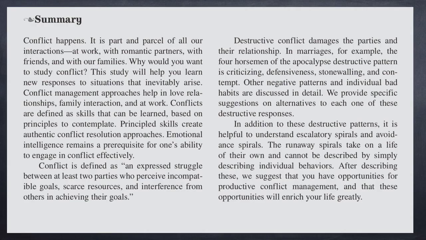In summary, although there's a lot listed here in this one last slide that was taken from the textbook in chapter 1, I want to reiterate that conflict is defined as an expressed struggle that's expressed in unique ways. So we have to look at what people are saying and what people are doing, verbally and non-verbally.